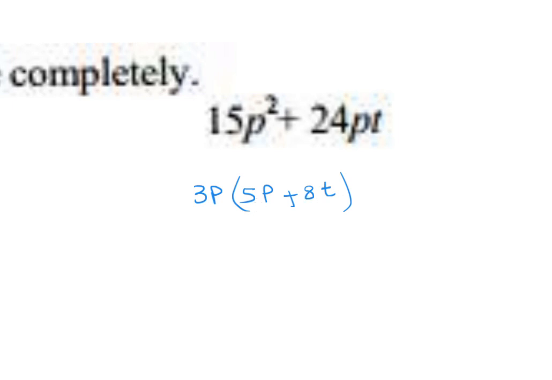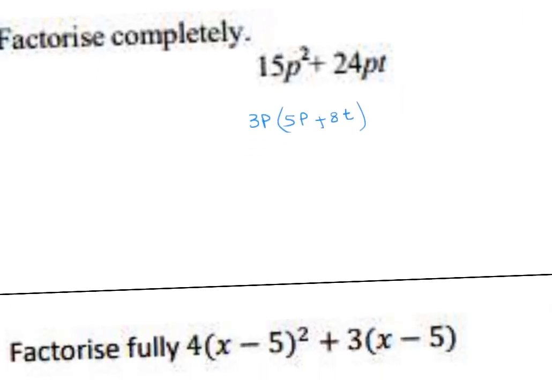To check your answer, multiply: 3b times 5b is 15b squared, 3b times 8t equals 24bt. Moving on.